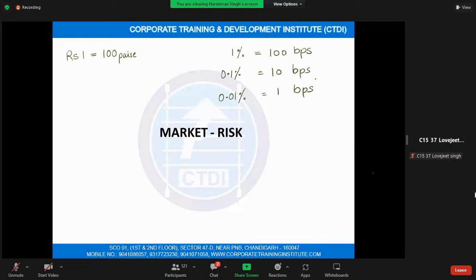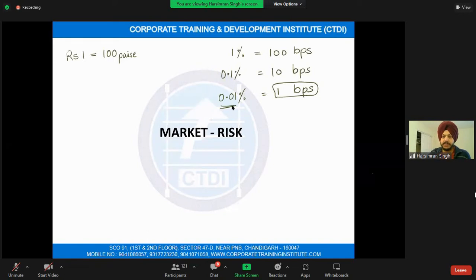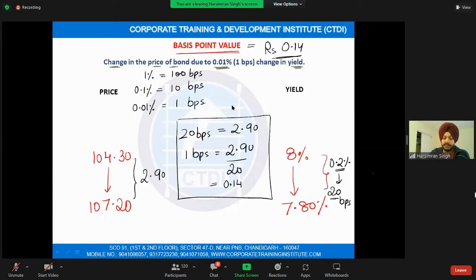Yes, sir. Okay. So in BPV, we are going to check what will be the change in the price of a bond if interest rate changes by 1 basis point, that means 0.01%. So first do this example, understand this, then you'll understand the theory.